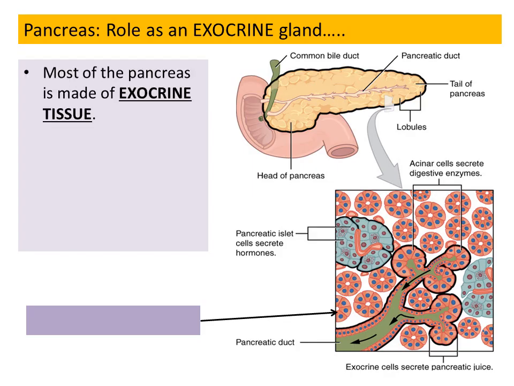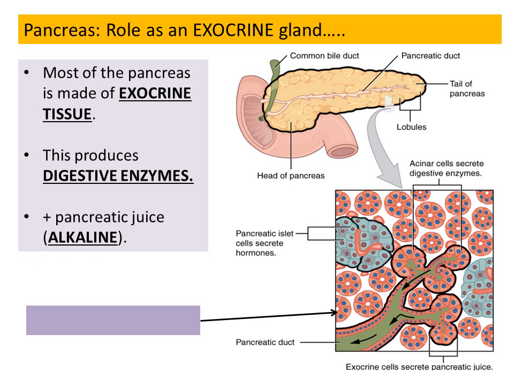Summarising this information then, most of the pancreatic tissue is exocrine tissue, which means it's producing digestive enzymes. It's also producing this fluid called the pancreatic juice, which is very alkaline, and that's going to neutralise the gastric juice which has been created in the stomach, which is very acidic.